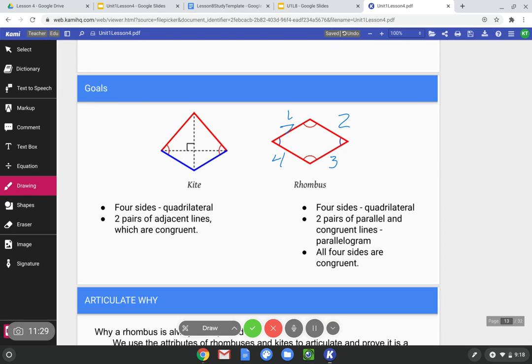So 1 and 3 are parallel and 2 and 4 are parallel. 1 and 3 are congruent in length. They have the same length. And 2 and 4 are congruent in length. They have the same length. But not only are opposite sides congruent in length, but all 4 sides have the same length. So all 4 sides are congruent.